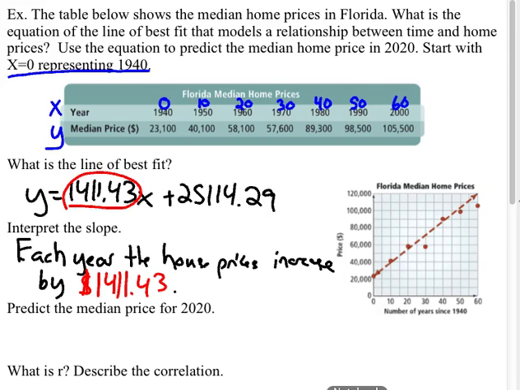Because for an increase of 1 in x, so every 1 year, how much is y changing? The price goes up by that slope, $1,411.43.